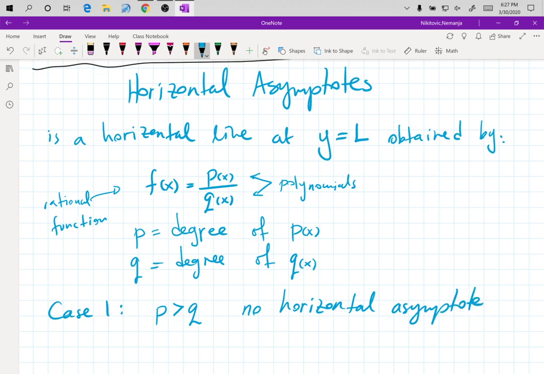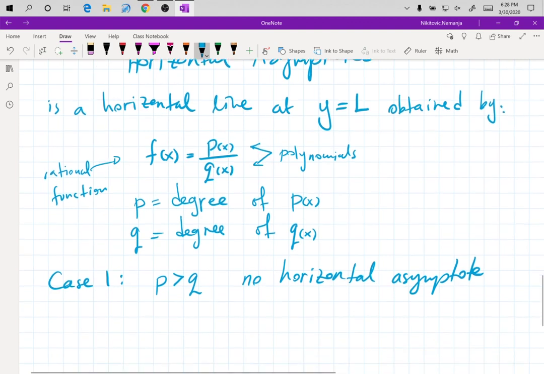If the degree of the leading term is higher in the numerator than in the denominator, then there is no horizontal asymptote.